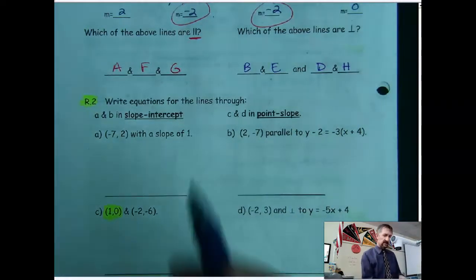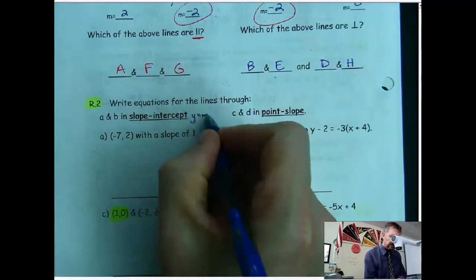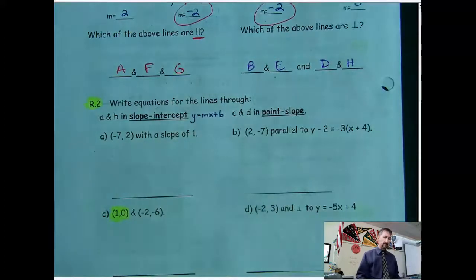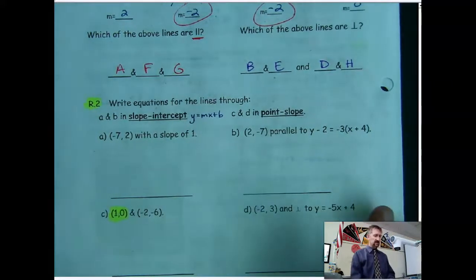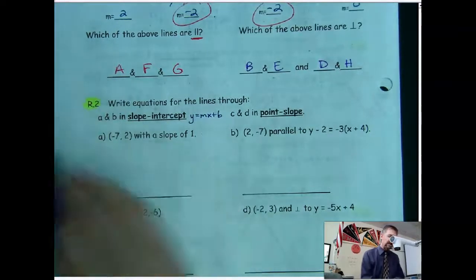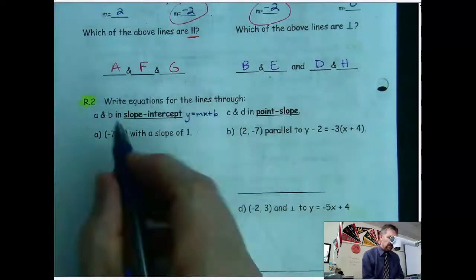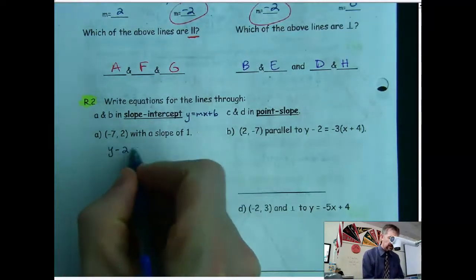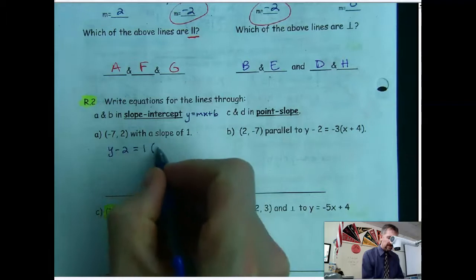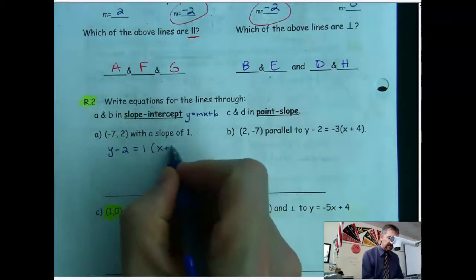So the first one says slope-intercept form. That's y equals mx plus b. So that's the top two. I would start all these off with point-slope form anyway. So I'm going to go y minus 2 equals m times x minus x, which would be minus a -7.